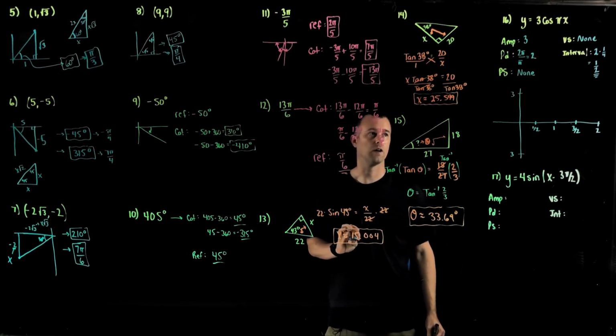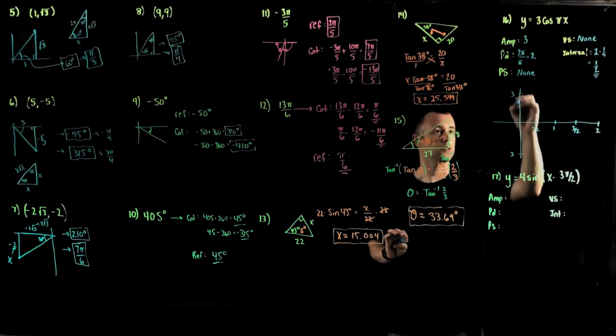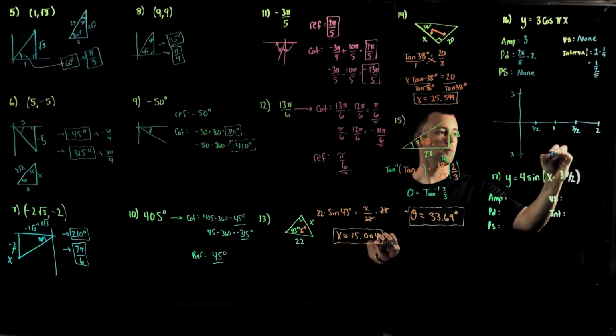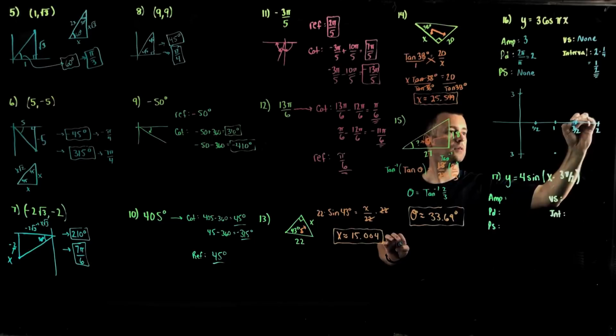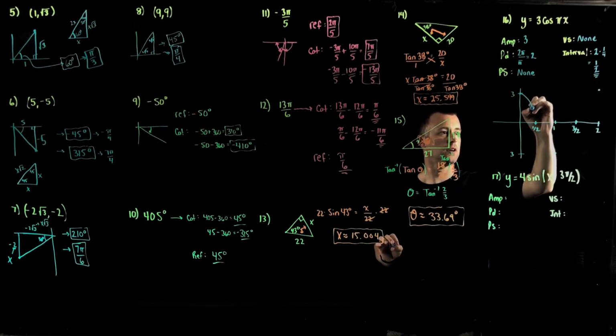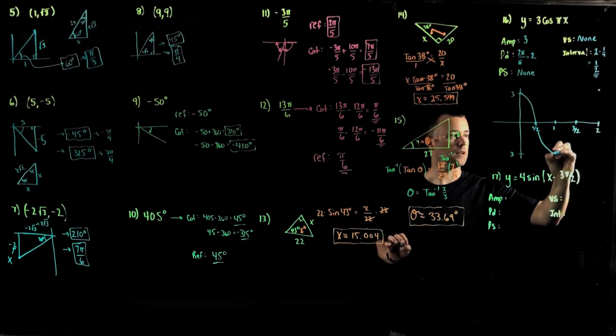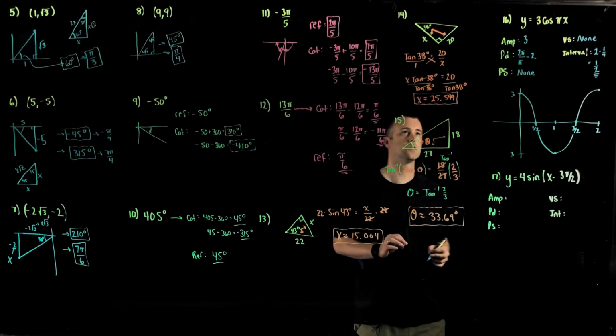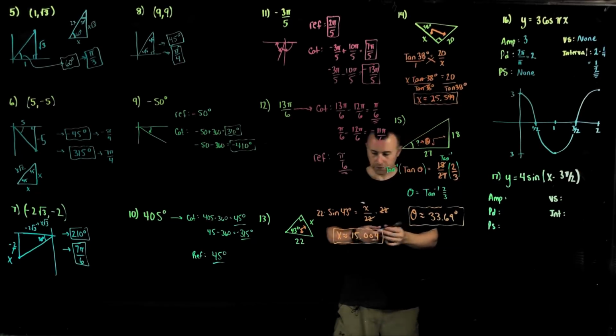Got to know your parent graph in order to do this. So I'm going to start at the top, then go to the middle, then to the bottom, back to the middle, and back to the top. So your graph, make sure you got the curve there. It's going to look something like this. So that is your cosine graph, number 16.